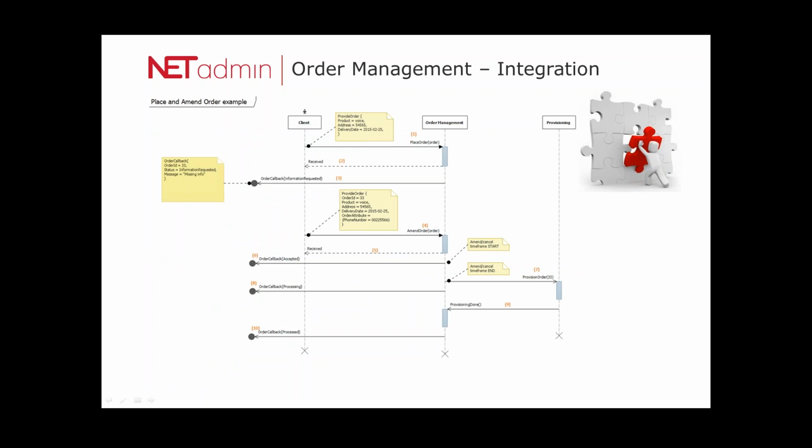Okay, so now we have talked a bit about the actual configuration, and we have also gone down to quite a low level of what is happening under the hood.